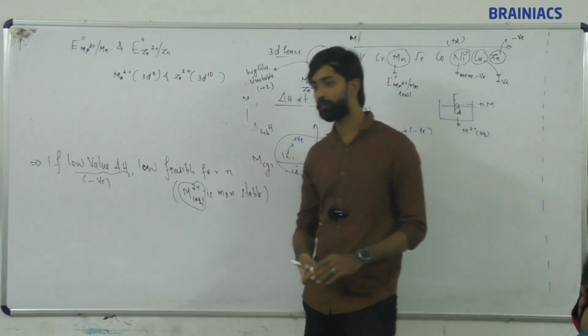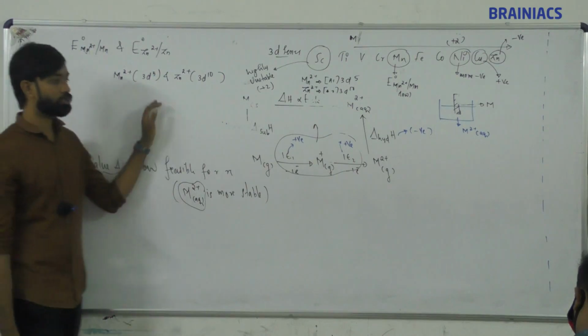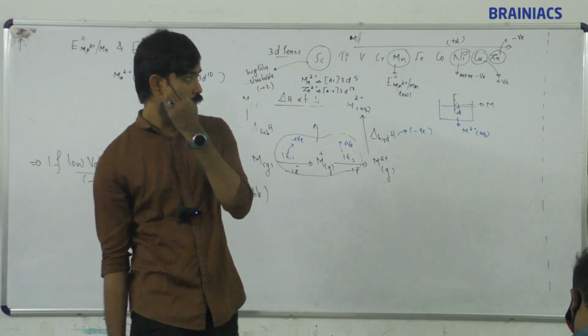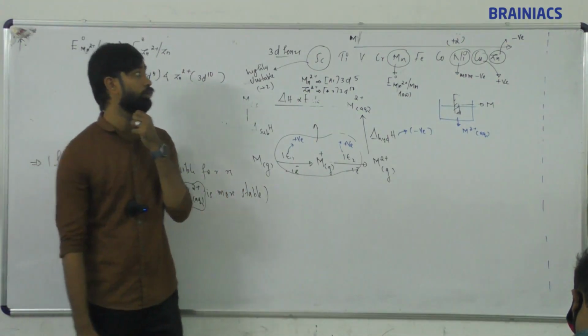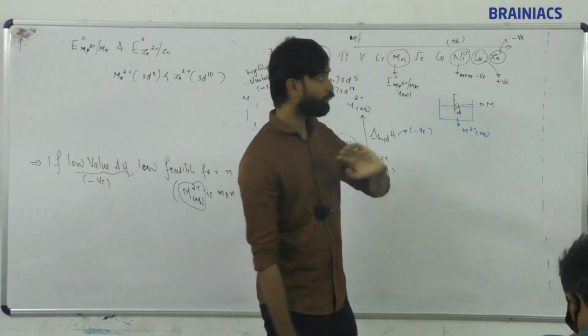Mn2+ is 3d5, whereas Zn2+ is 3d10. They have stability. That's the reason.